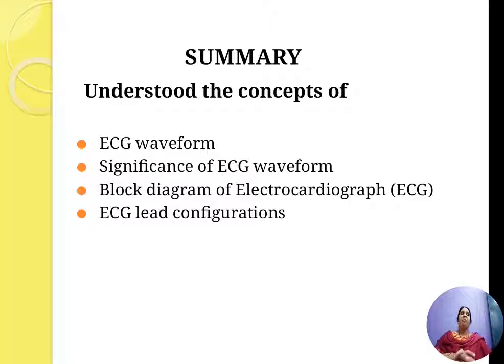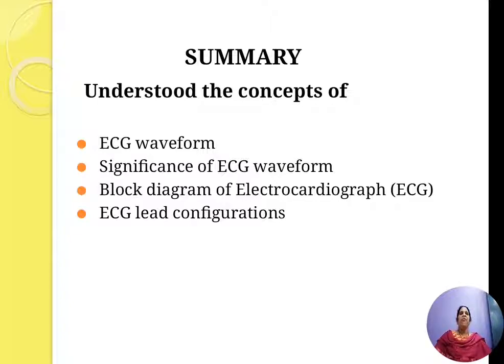There are 3 unipolar limb lead configurations: aVR, augmented voltage right, aVL, augmented voltage left, and aVF, augmented voltage foot.